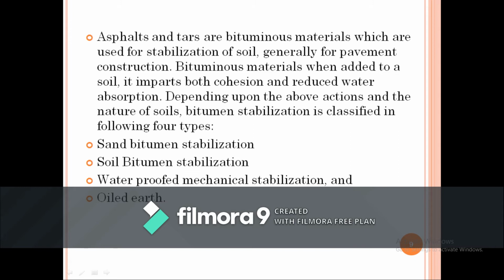These different types of bitumen stabilizations are available depending upon the type and nature of the soil with respect to water absorption and cohesion. Depending on how they behave, we classify bitumen stabilizations into 4 methods.